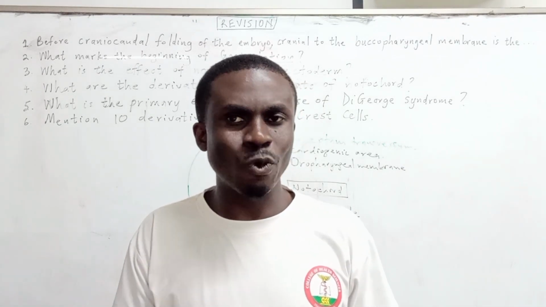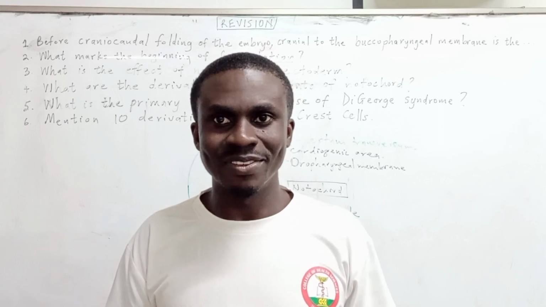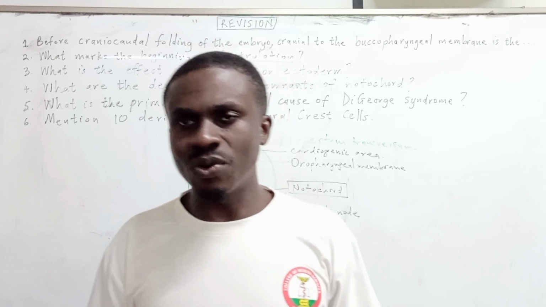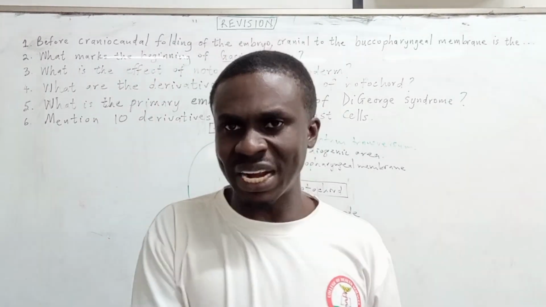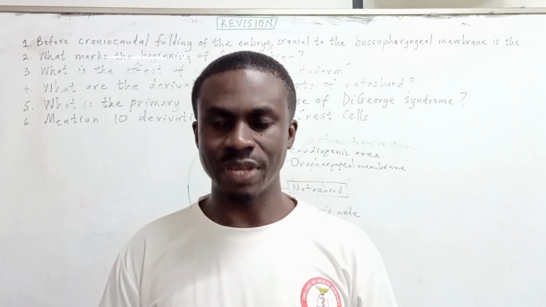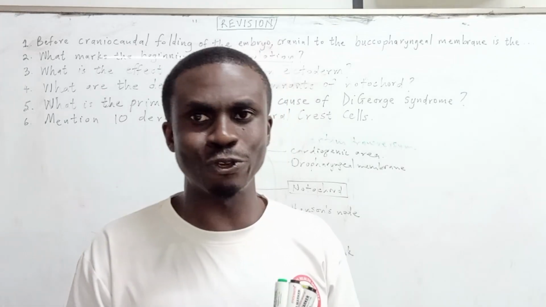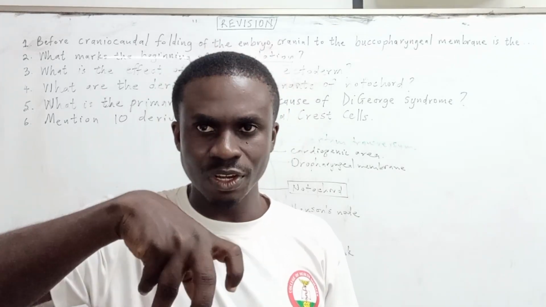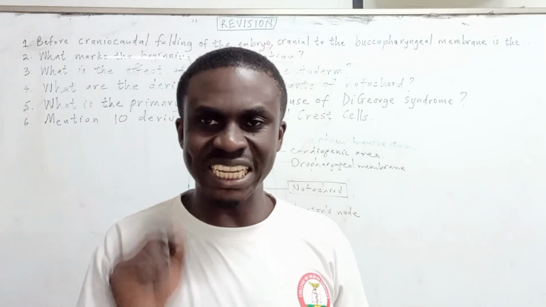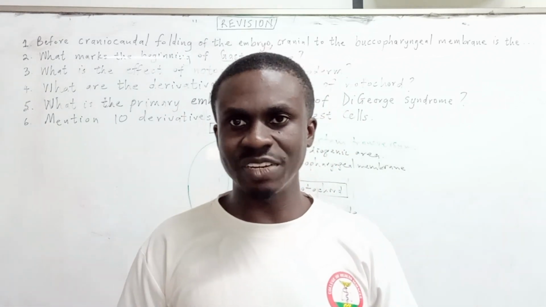So the point is, what will be the fate of this notochord after it degenerates? What will become of the remnants? Last time I told you about three things which I want you to know. One of them, which is very important, is the nucleus pulposus of the intervertebral disc.